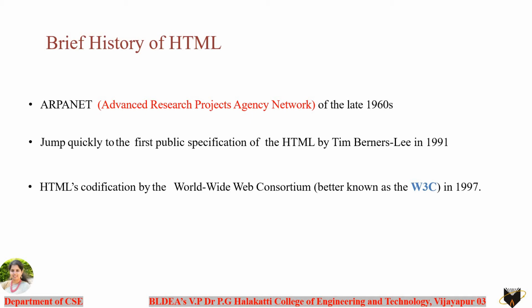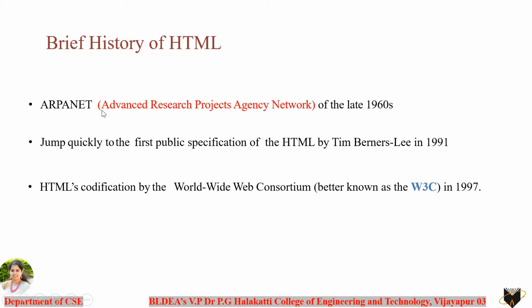So let's start with a brief history of HTML. How did the HTML concept come into existence? During the 1960s, the Department of Defense, that is the Advanced Research Projects Agency Network, led to the development of HTML, basically with the help of a network. The Defense Department had a requirement to share information with the department located in another location.